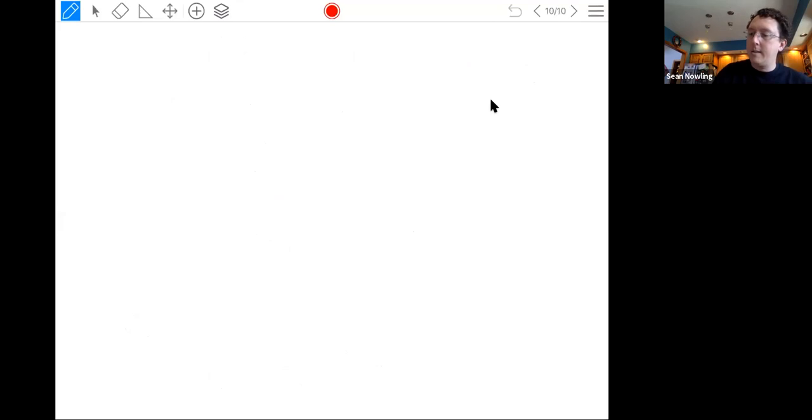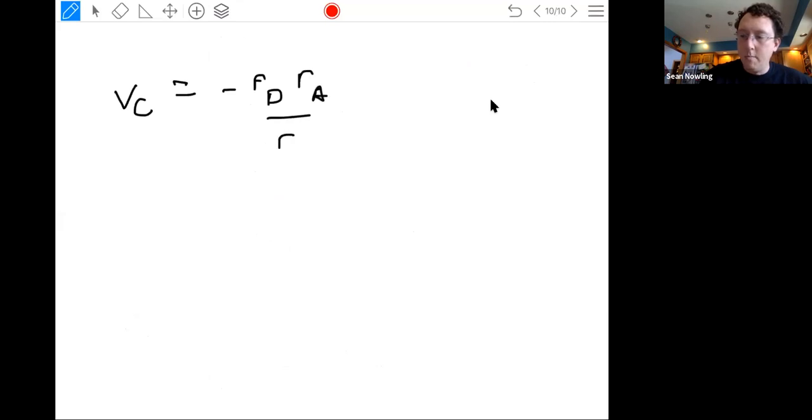So I get the velocity of C equals minus RD RA over RB times omega A. But because alpha is constant, I can use the rotational versions of kinematic equations like we would have done in physics 1.